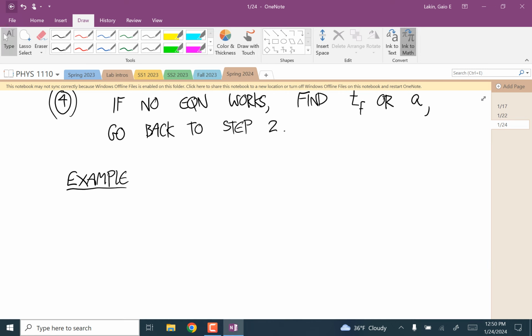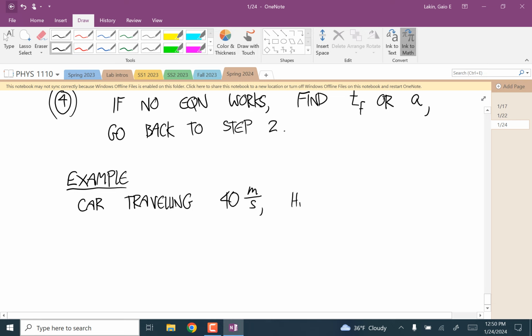So let's say a car is traveling 40 meters per second and hits the brakes.